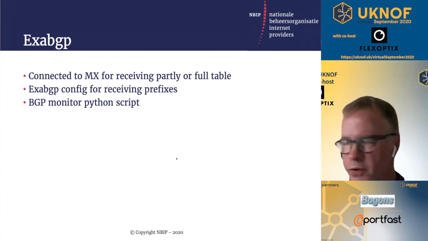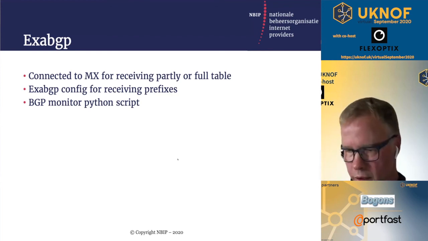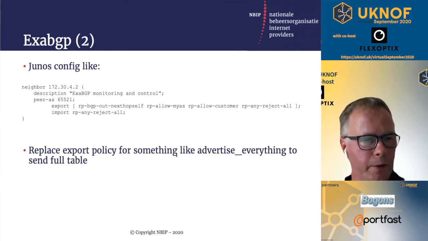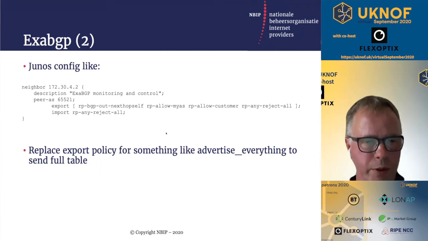It has 2 components, the configuration and the monitoring Python script for the input and output. And we connect it from the MX, just like any other peer. We do it only for customers' prefixes that are advertised, but you can also do the full table.